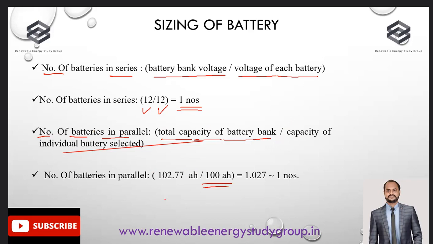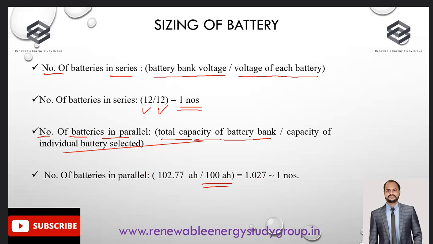If you are taking a 50 ampere hour battery, then two batteries are required in the parallel combination. Because in parallel combination, the ampere hour increases but the voltage remains the same. And whenever we connect batteries in series combination, the voltage increases and the ampere hour remains the same. This basic fundamental concept has to be understood whenever we are designing or selecting this kind of batteries.